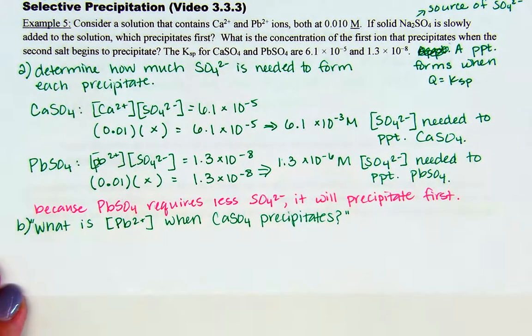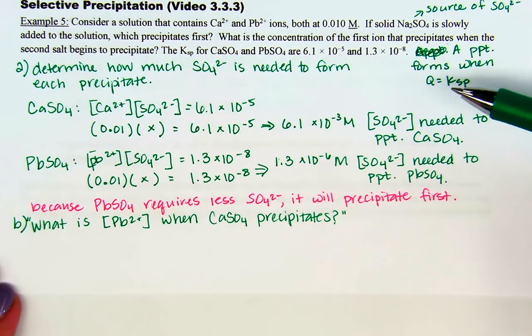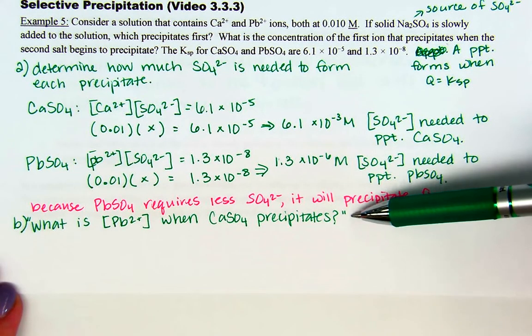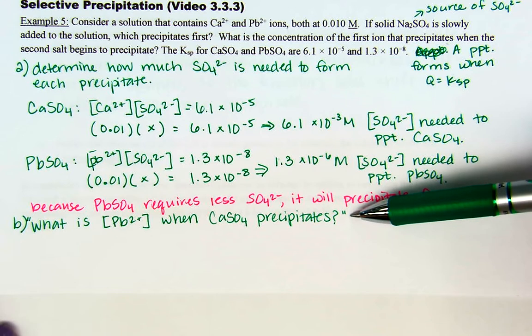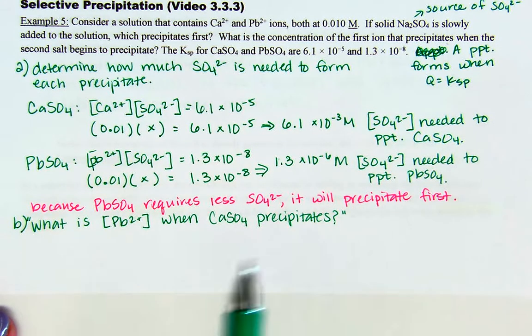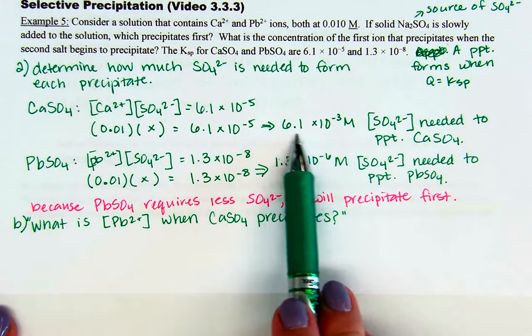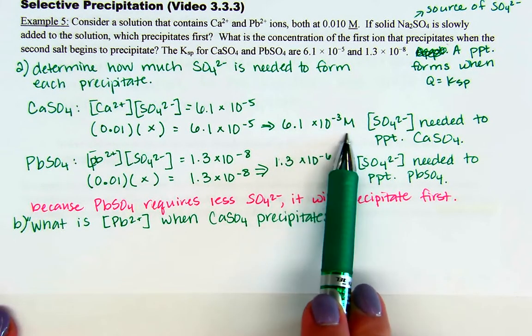So sometimes it's useful to think about these questions and put them in terms that are more understandable before you start to tackle them. So this is really what this is saying. When calcium sulfate precipitates, we know that the sulfate concentration has to be 6.1 times 10 to the negative 3 molar.